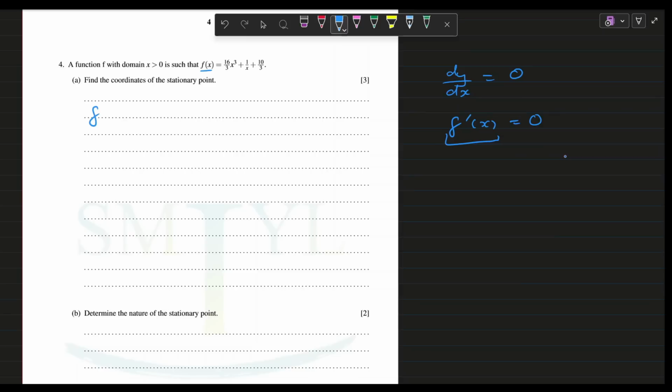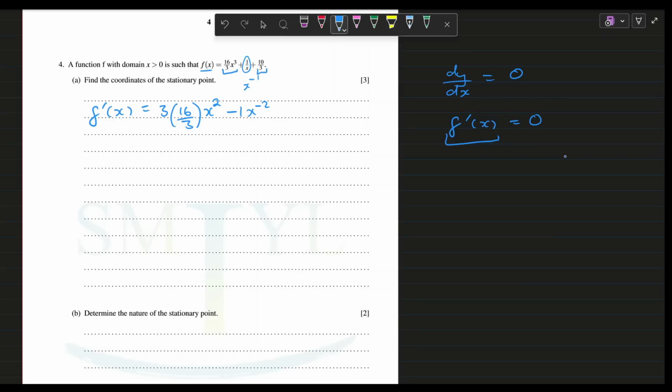So we want f prime of x. We'll start by differentiating this term. Bring down the power 3 times 16/3 x, subtract 1 from 3, you get a 2. And then this 1/x here, that's the same as x to the negative 1. So bring down the negative 1, x, subtract 1 from negative 1, so you get negative 2.